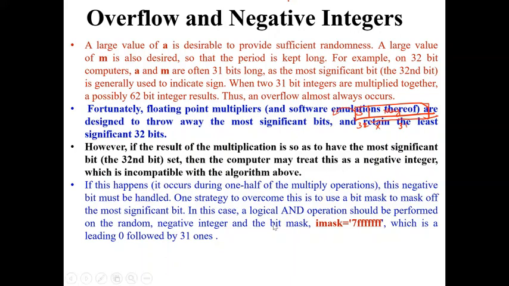And how do you do the masking? AND operation. You can just do an AND operation, mask the most significant bit and retain only the remaining magnitude bits. And this is how that overflow can be avoided. I think we'll stop with this here.